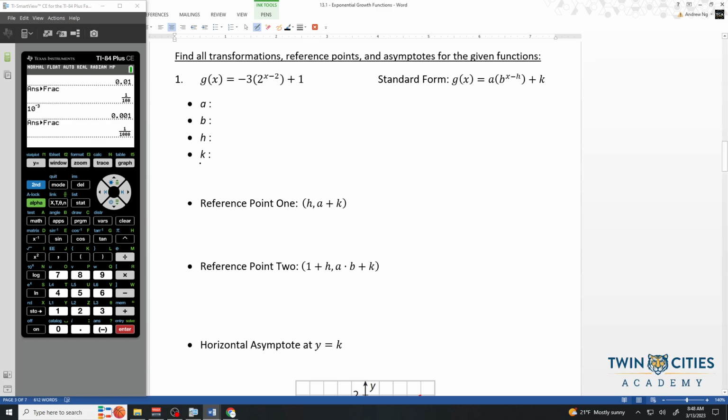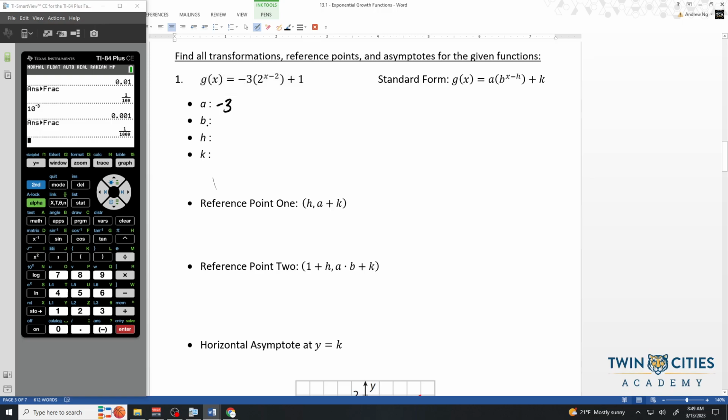All right, a is -3. Okay, what does this tell me? This tells me that there's going to be a vertical stretch of 3, because the absolute value of -3 is 3. And there's also going to be a reflection. Okay, there's going to be a vertical reflection.